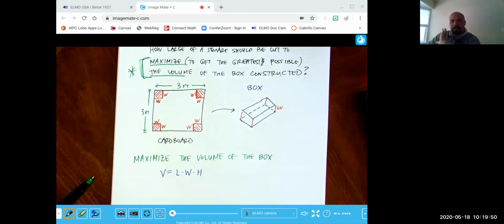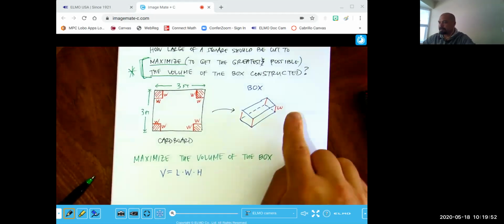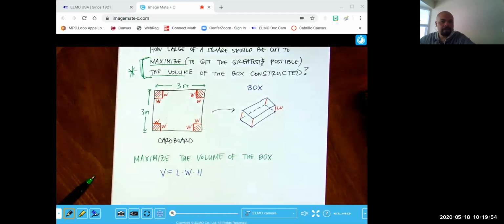And this is where I kind of messed up, because I called the height of the box W, so it's going to look kind of weird, but let's get to it. So this is our equation. That's our relationship. We're trying to maximize that volume. For what values of length, width, height are we going to get the biggest possible volume? As before, we don't want so many variables.